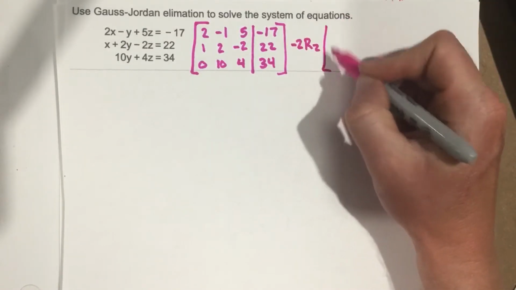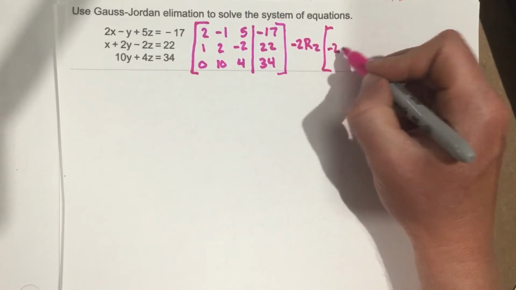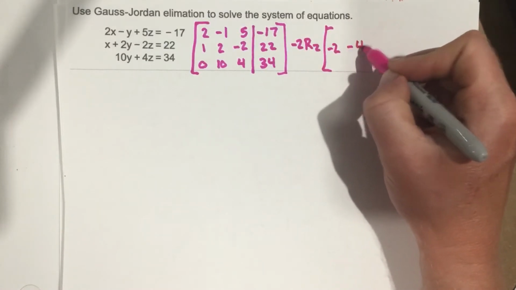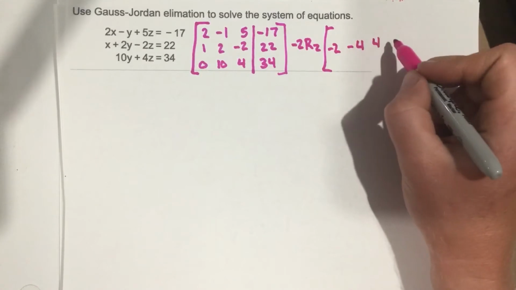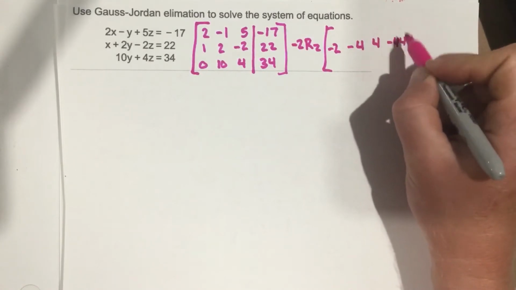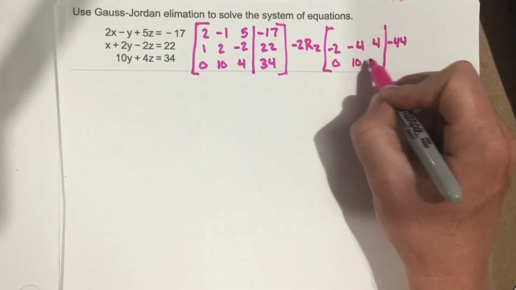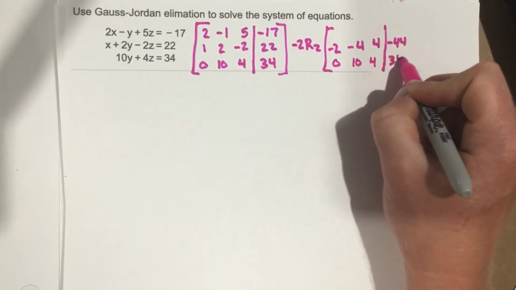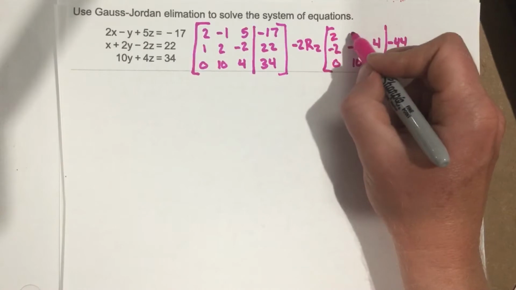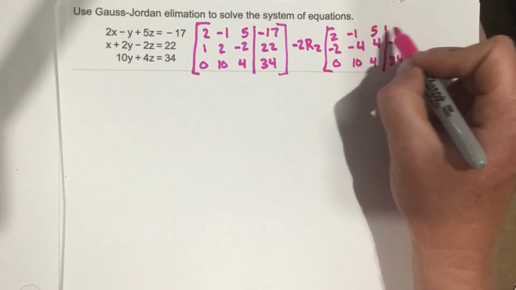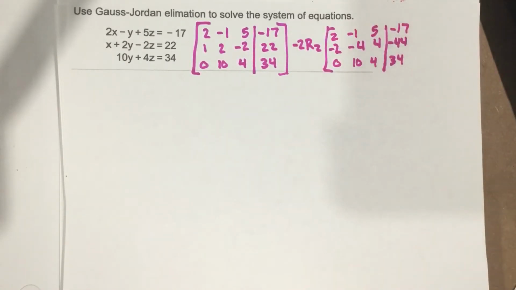And when you do that, you get -2, -4, 4, -44. On the bottom you have 0, 10, 4, and 34. Top you've got 2, -1, 5, -17.